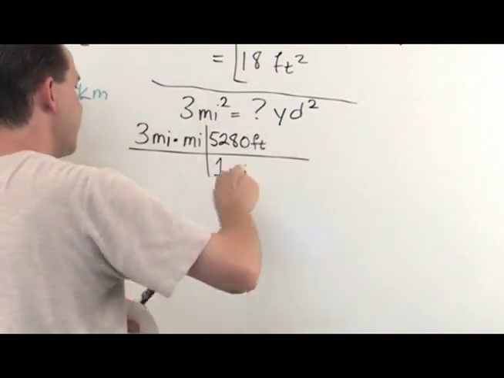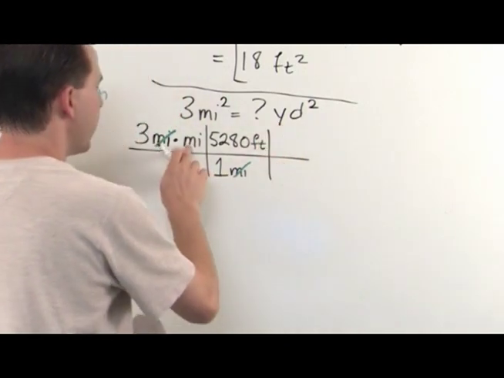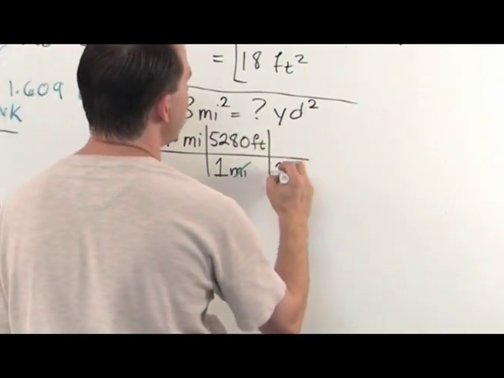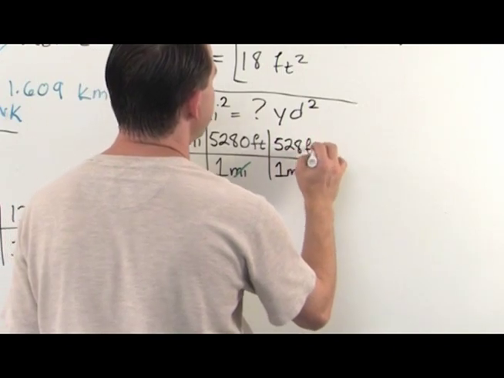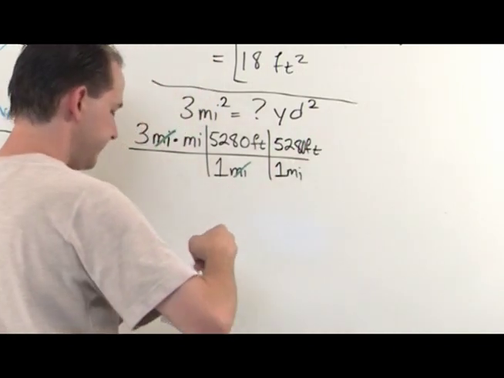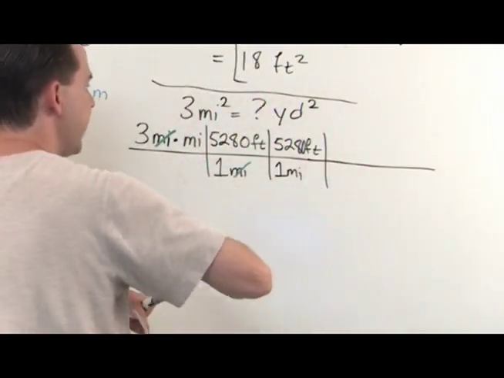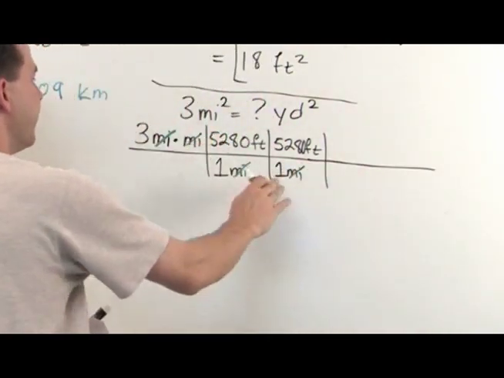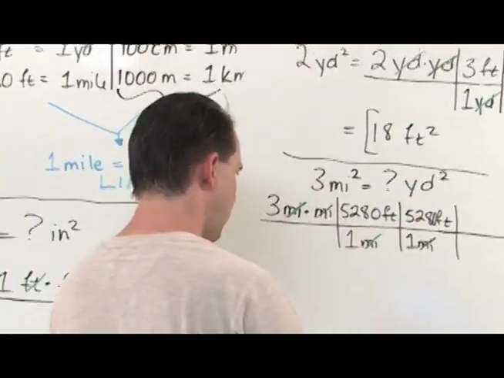And we write it like that because we want miles to cancel with miles. And we know we're going to have to do it again because we want to get rid of this mile. So we say, once again, 1 mile is 5,280 feet, okay? We extend our thing over to the right, and we know we're making progress because we've canceled both of our miles on top and bottom, and now we have feet times feet, okay?